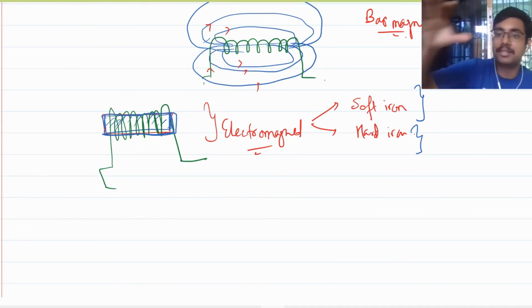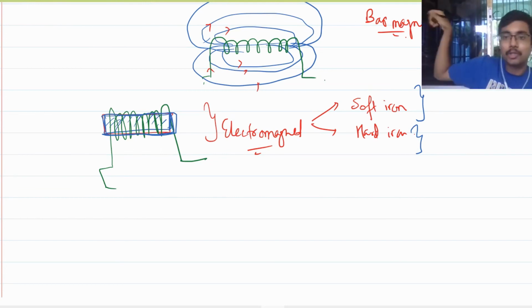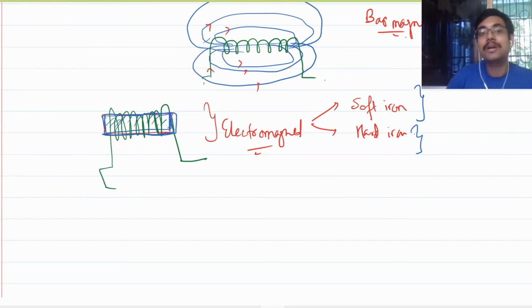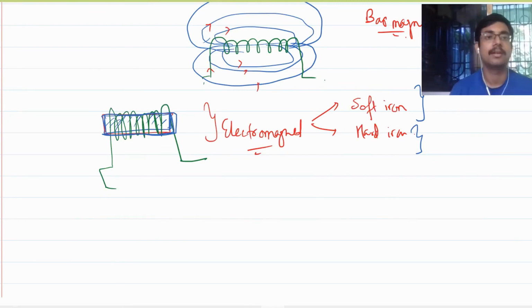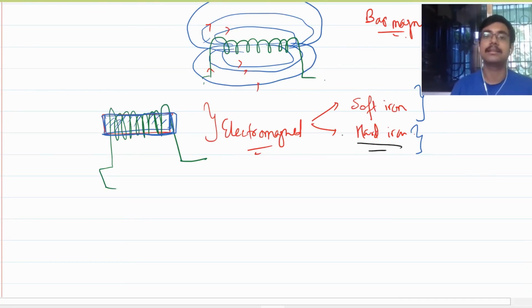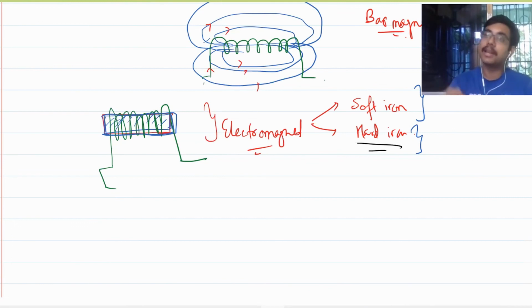Suppose you can attract something and then you cannot throw it off. Then you cannot do so many tasks which can otherwise be done by just attracting and releasing it when required. Are you getting my point? I said that hard iron is such that it can retain its magnetic property.